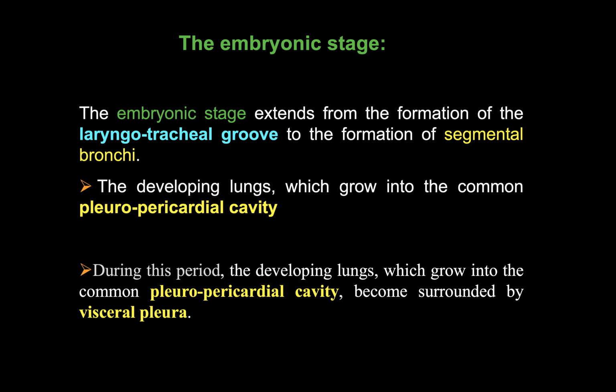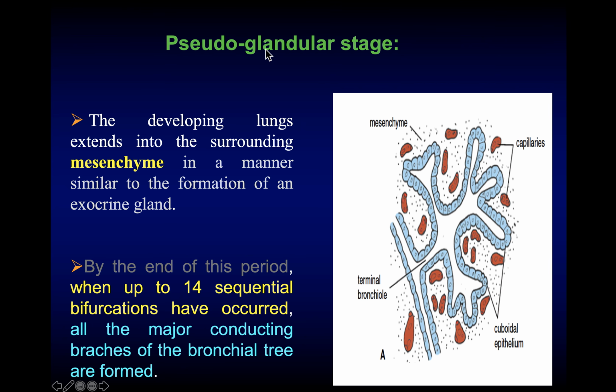As I said, embryonic extends from the formation of the laryngotracheal groove until the formation of the segmental bronchi. The pseudo-glandular, we can see here that these formed segmental bronchi start to invade the area of the mesenchyme, so that's why they call it the pseudo-glandular stage.